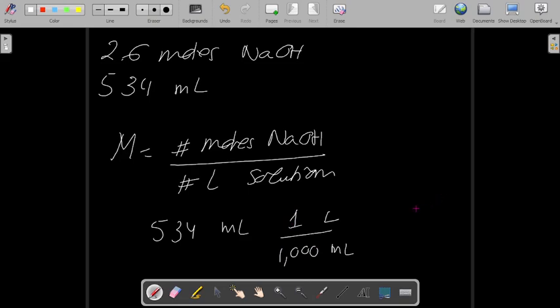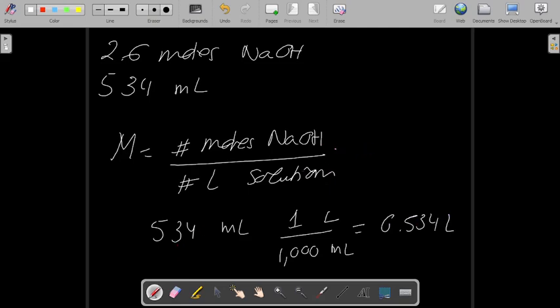You could also do it the same way the book did it. In the book you have that 0.01 liters is what you have in 1 milliliter. It's the same, okay? It's the same number, the same concept. Whatever works for your brain best, use that. Okay, if you put all the numbers in the calculator, you'll find out that 534 milliliters is the same as 0.534 liters. Do we have everything we need?